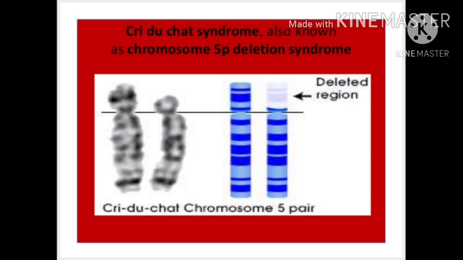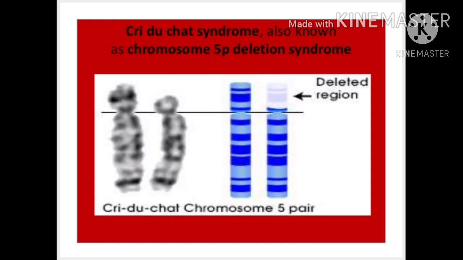You know that in a chromosome there are a long arm and a short arm. The long arm is represented by the small letter Q, and the short arm is represented by the small letter P. Okay, the syndrome is due to a chromosomal aberration, namely deletion in the short arm of the fifth chromosome pair.